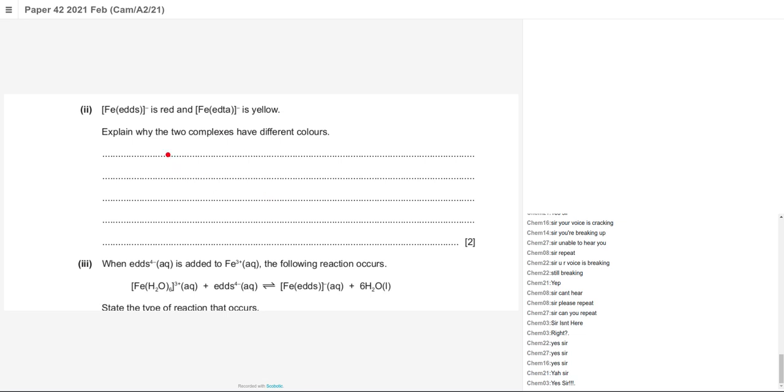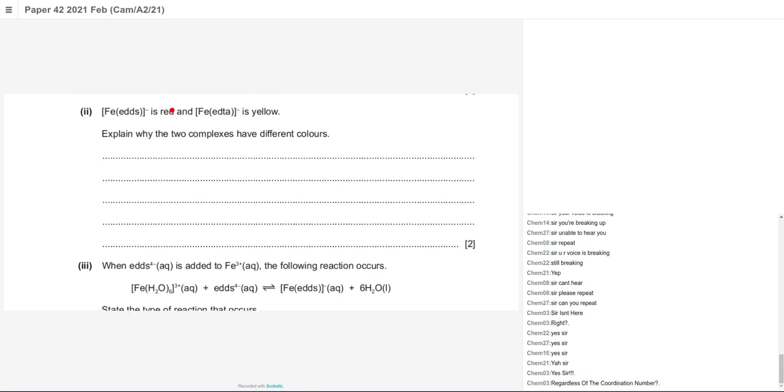Okay, I'll repeat the answer again because it got disconnected. Because there are two different ligands, these two different ligands cause the d-d splitting to occur to a different extent.